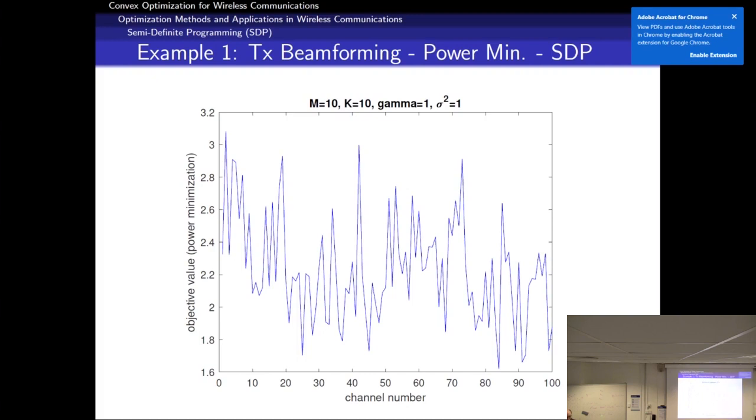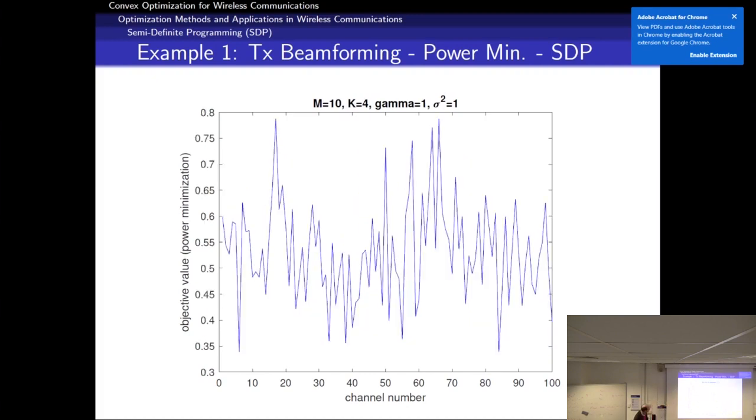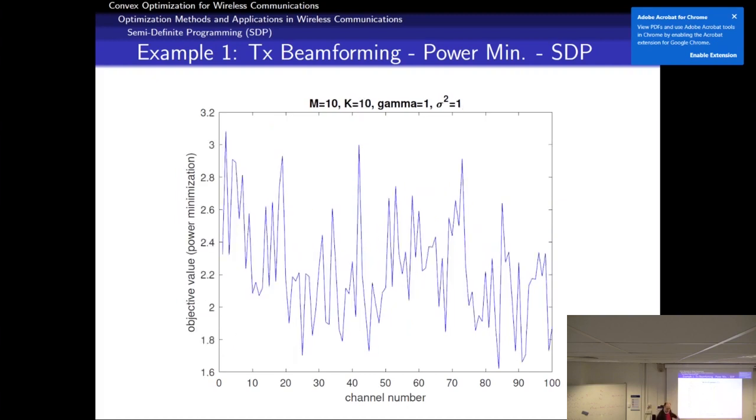So it's more difficult for the transmitter to find a precoder that satisfies all those 10 constraints, and that leads to a higher transmit power. That's why you see that from around 0.4, 0.5, now you jump to 2 or something. So you need higher transmit power to satisfy all those constraints.